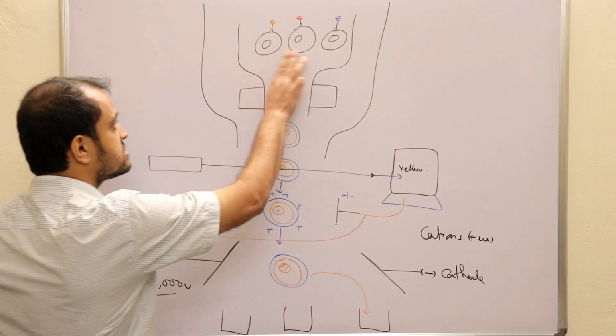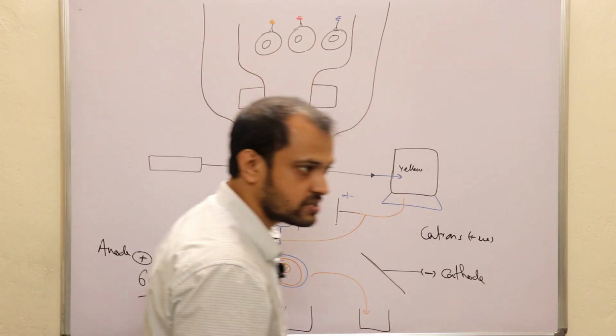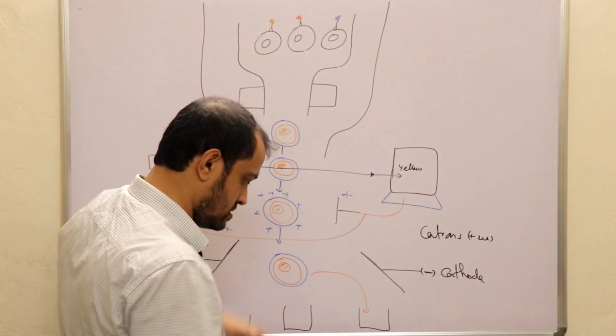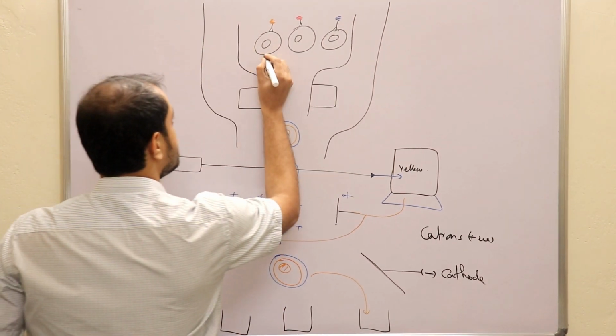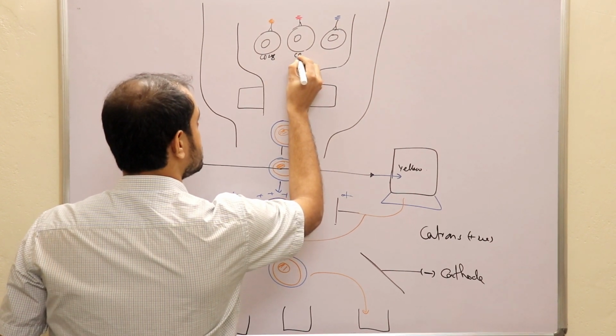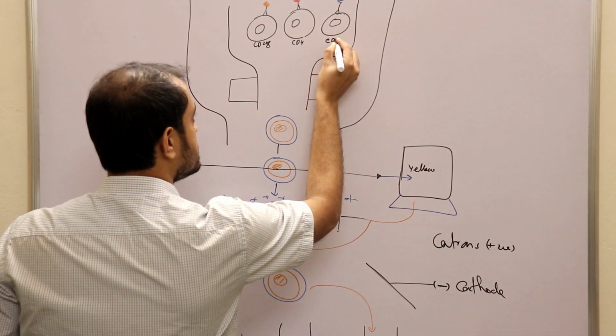Suppose these are 3 WBCs. One of the WBCs is having CD28, one of them is having CD4, and one of them is having CD8.